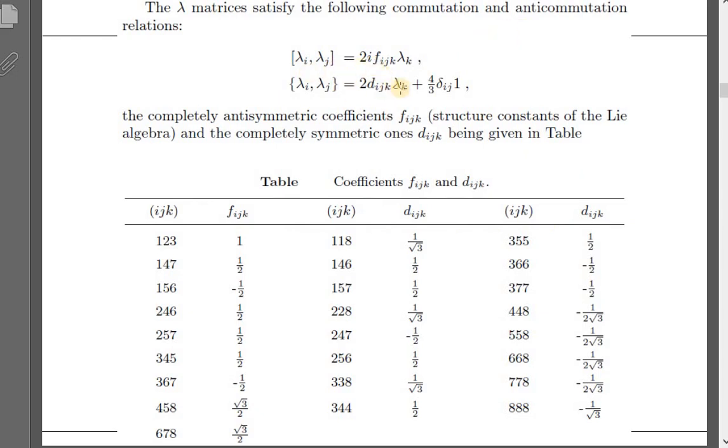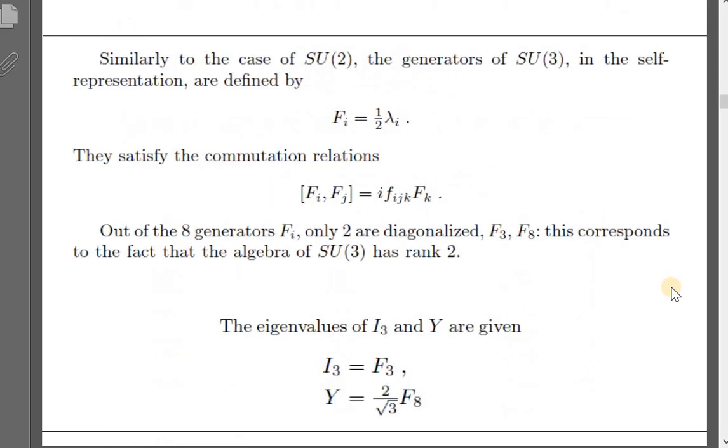These are the two very important relations, where the completely antisymmetric coefficients, which are the structure constants of the Lie algebra, and the completely symmetric ones, d_ijk, are given in this table. So both f_ijk and d_ijk you can find here. I've just written it for the sake of completeness.